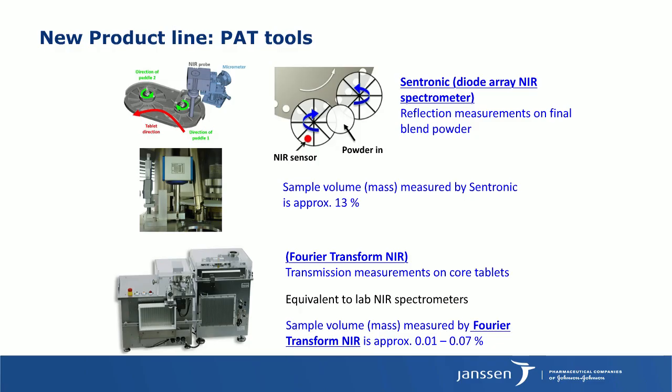That is more or less equivalent to our lab NIR spectrometers. If you calculate the sample volume that we have measured as compared to the entire batch that we produce, it depends on the manufacturing speed, etc. But it's approximately in the range of 0.01%, or in other words, approximately 1 tablet of every 10,000 tablets that have been manufactured. So you can see that with the BU tool, we can actually measure a much higher amount of material.